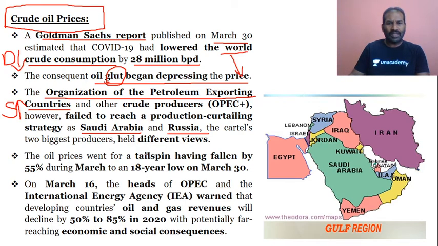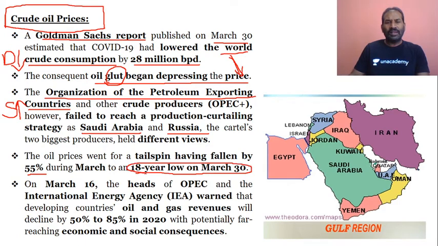So that has again added to the prices slashing further down, and this has made the price reduce by 55% to an 18-year low on March 30.